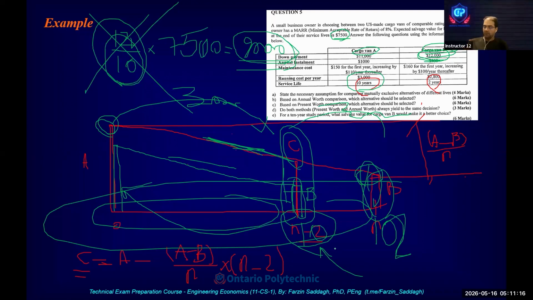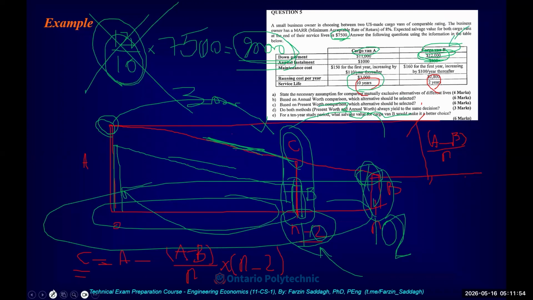At the beginning, we have 12,000. Let's ignore thousands. 12 minus A minus B. 12 minus 7.5 divided by 12, then multiplied by 10. It is 8.25. Perhaps I assumed the wrong A and B. So you assumed A is 11,000? 12, because we're talking about B. Okay, so I just made a mistake.